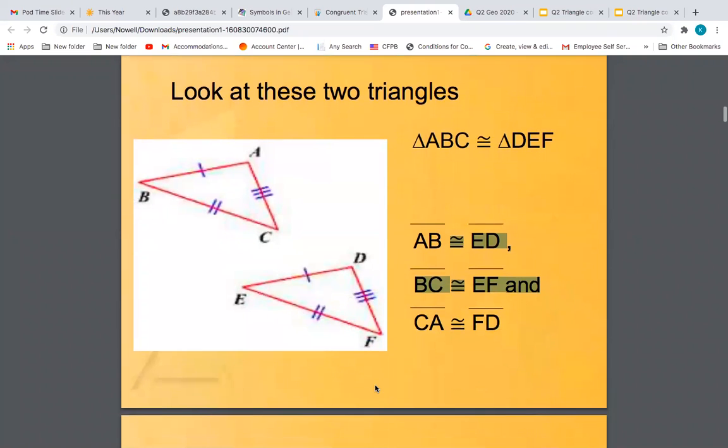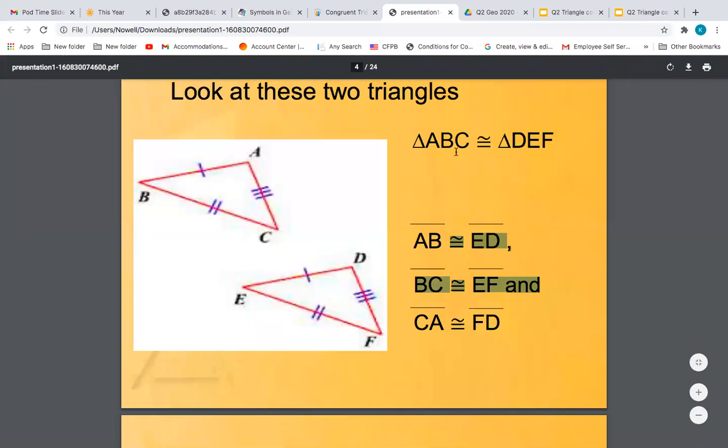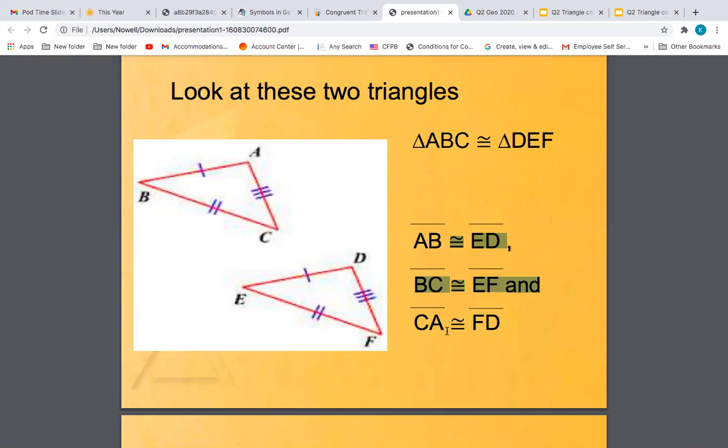If we need to prove it, we have to give all three statements to make sure those two triangles have them, and then we can say those two triangles are congruent. Let's say AB is congruent to DE, or ED, which is fine. All right.